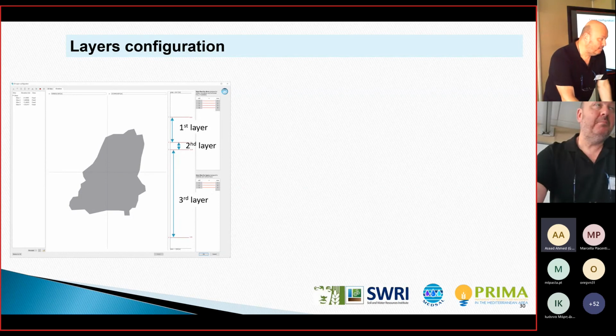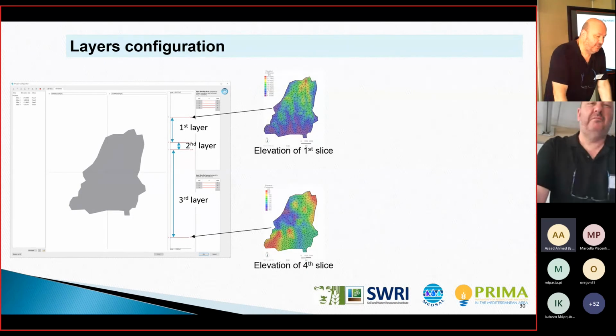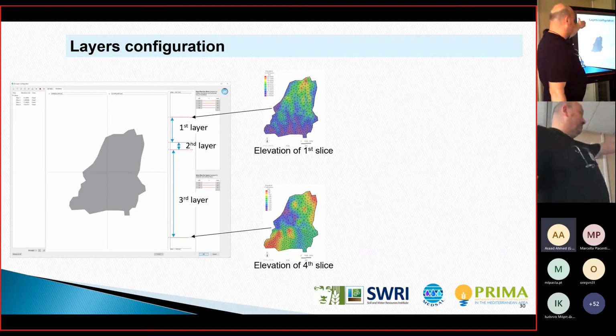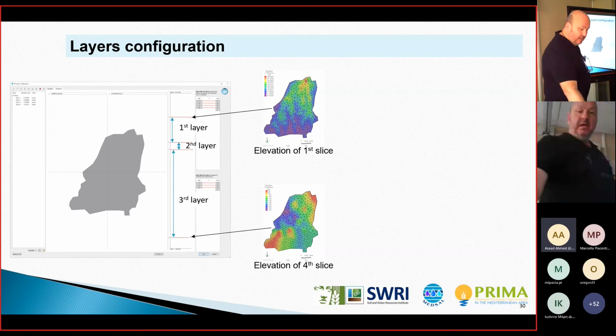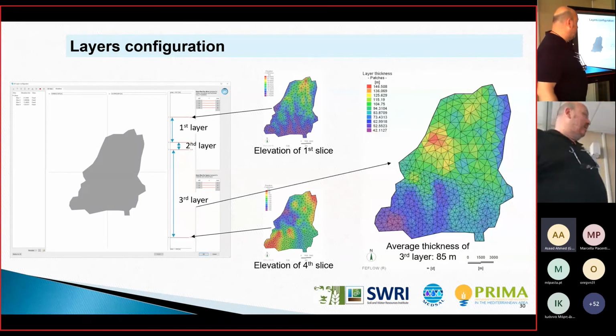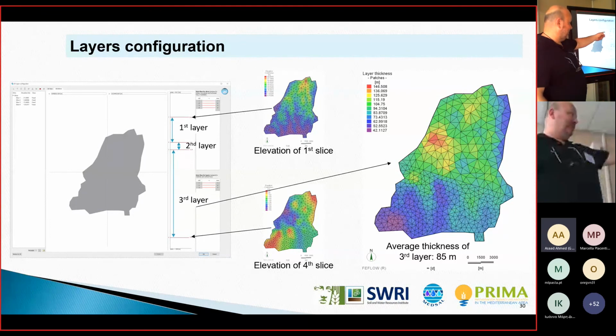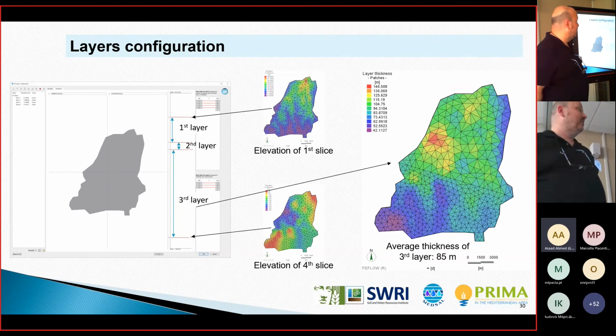Based on available elevation information, in the first slice, which is on top of the first layer, and in the fourth slice, at the bottom of the third layer, we can approximate the aquifer thickness of the third layer, and you can see from the legend that it varies from 40 meters to 140 meters, with an average thickness of 85 meters.